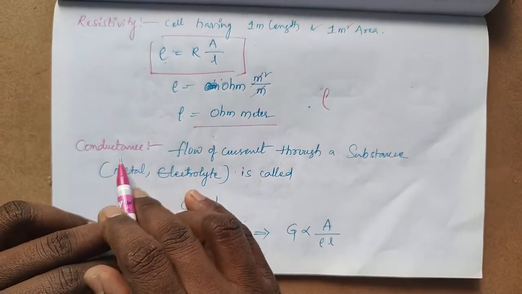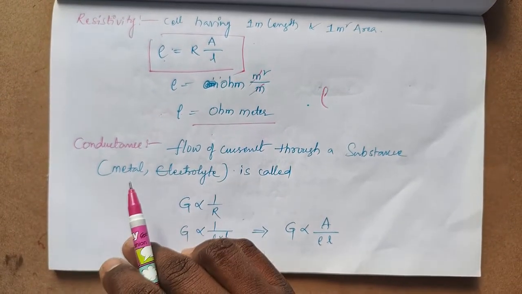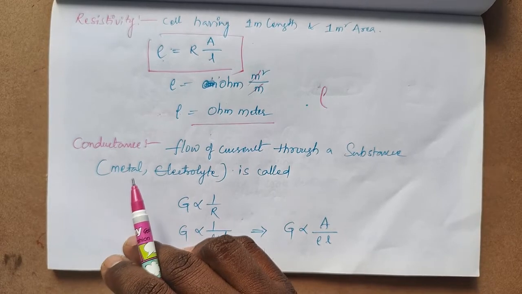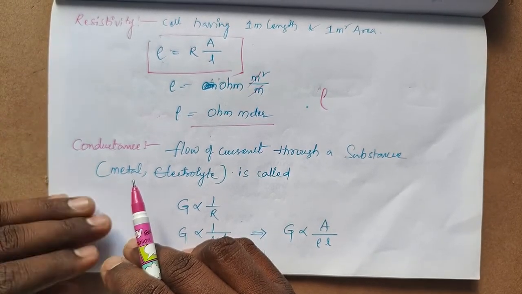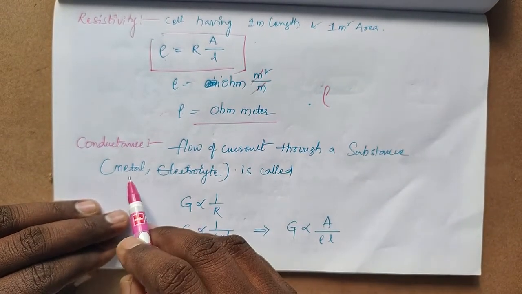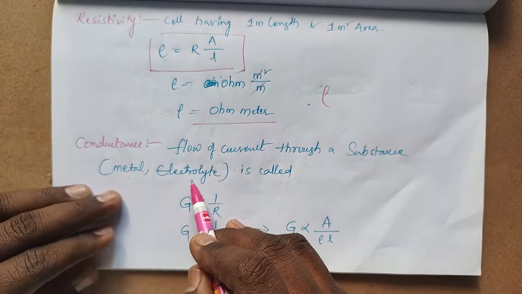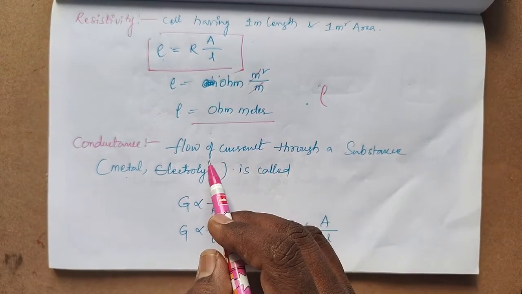Next one is conductance. Conductance is the inverse of resistance. It is the flow of current through a substance, like a metal or an electrolyte.